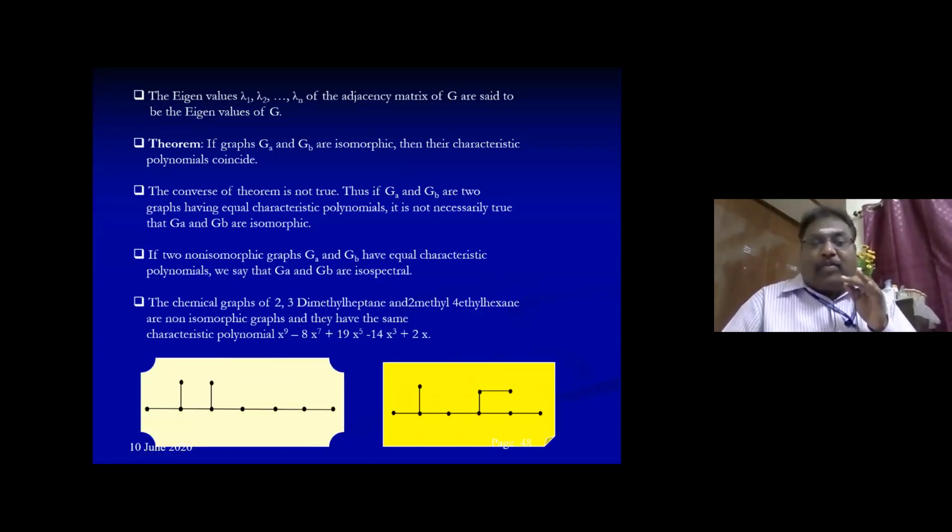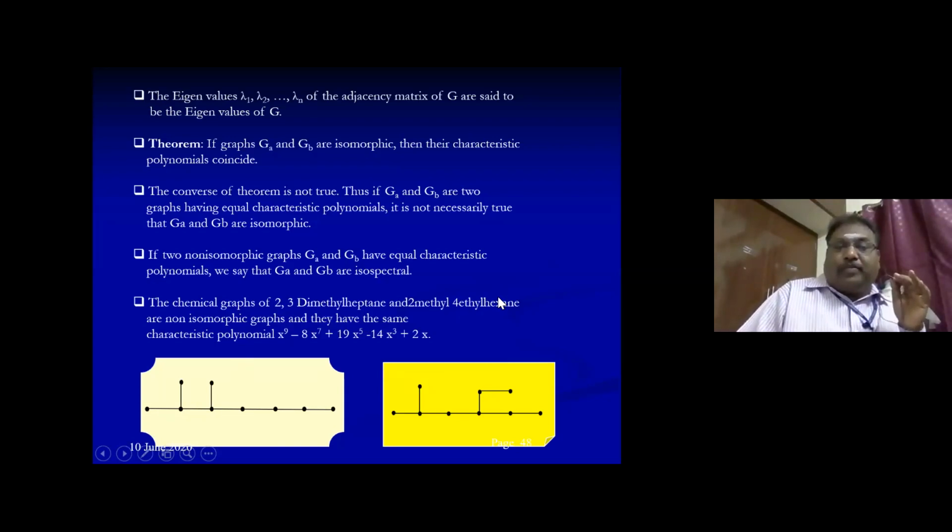This is the graph for 2,3-dimethyl, second position, third position, on a 7-carbon straight chain heptane, 1, 2, 3, 4, 5, 6, 7. And here, in the second position a methyl, in the fourth position an ethyl, on a 6-carbon hexane, 1, 2, 3, 4, 5, 6. So two different compounds. They have a common characteristic polynomial.